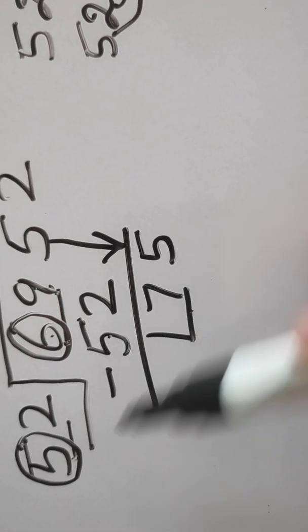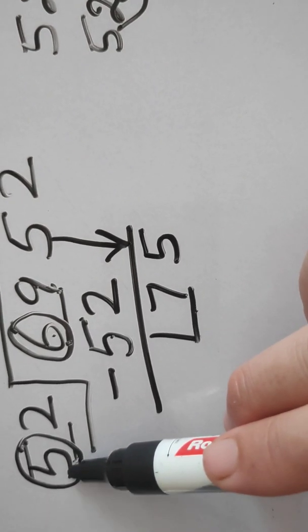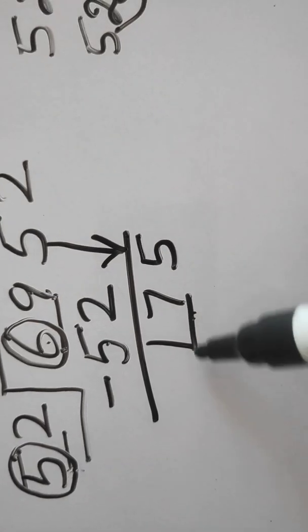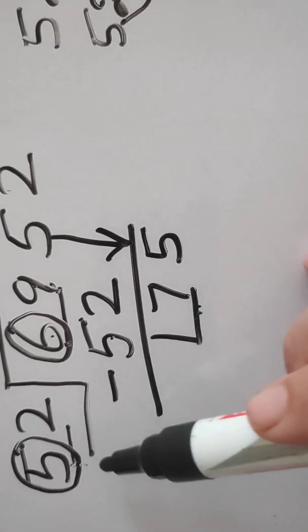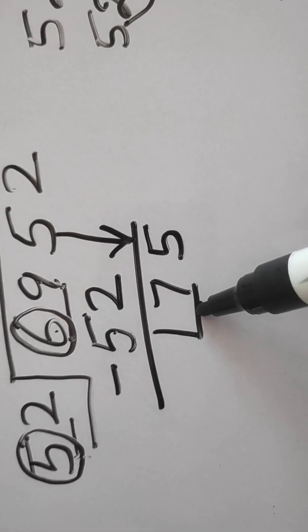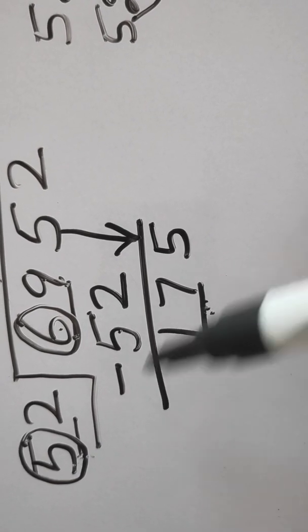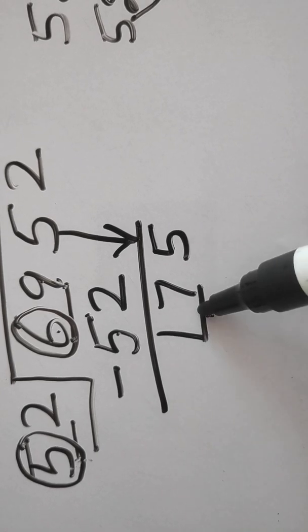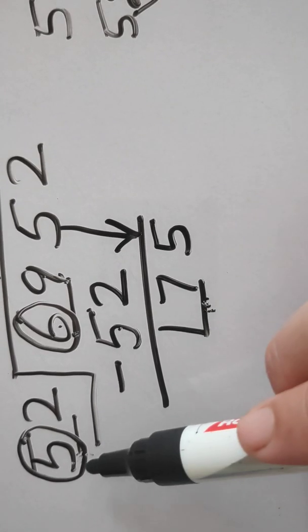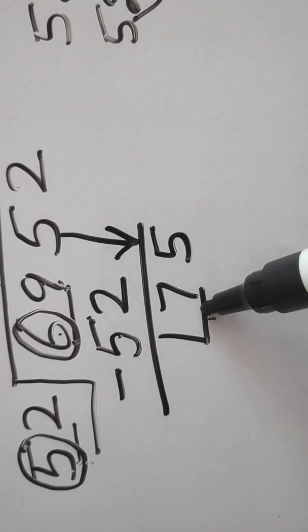We will divide 17 by 5. And in the table of 5, where does 17 come? 5 threes are 15, 5 fours are 20. 4 is greater. 5 threes are 15 is okay. 5 twos are 10; if we do 5 twos are 10, then the remainder will be greater than 5. So it means 5 threes are 15 is okay.